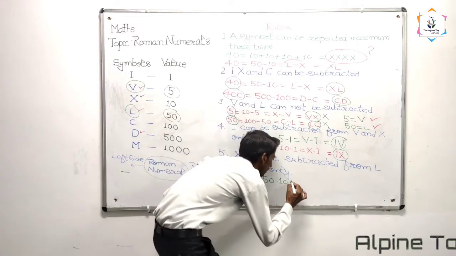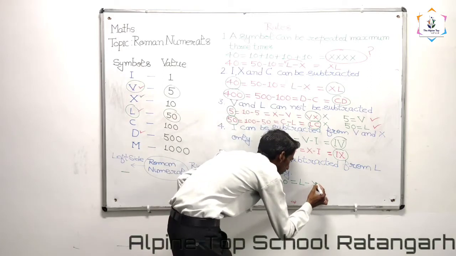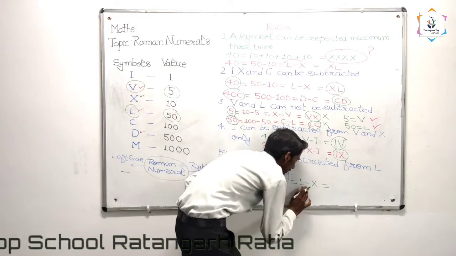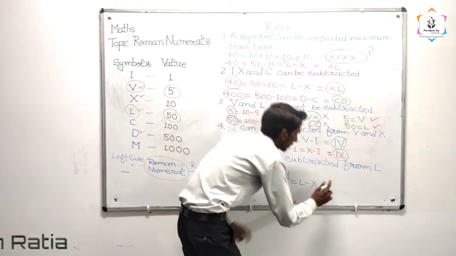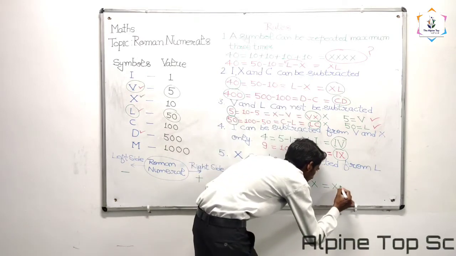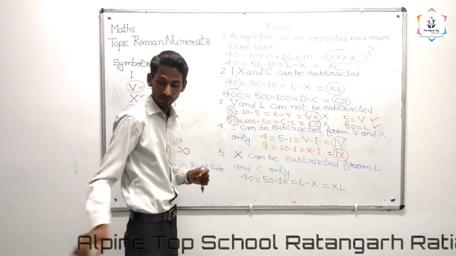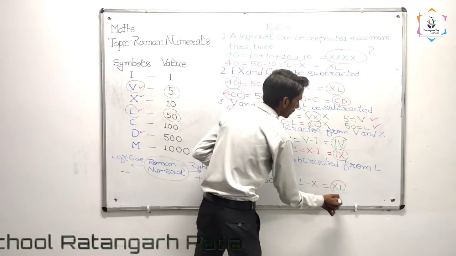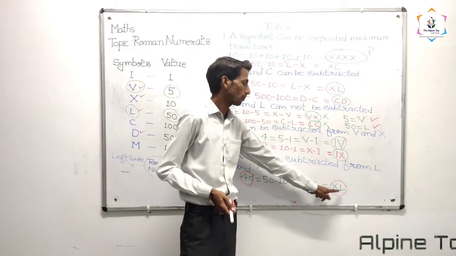For 50 we have the Roman numeral L, and for 10 we have the Roman numeral X. Obviously according to subtraction I have to shift this X on left hand side of L. XL is the proper way to write 40. It means according to this system we are understanding that X can be subtracted from L.